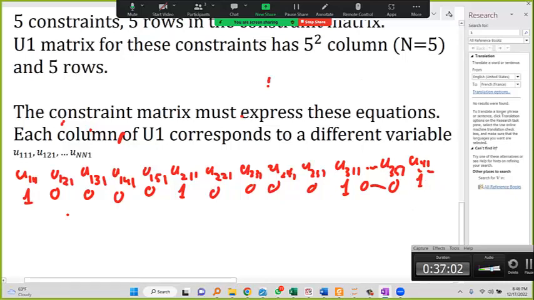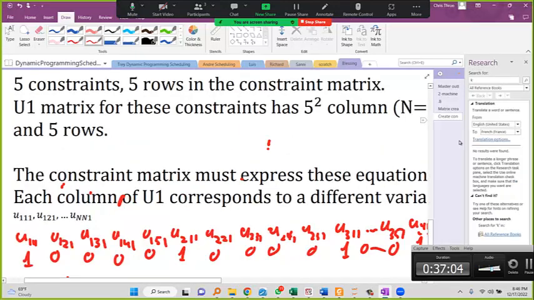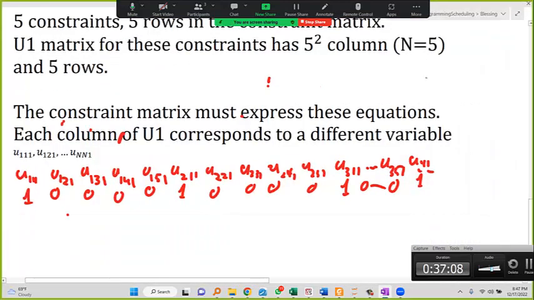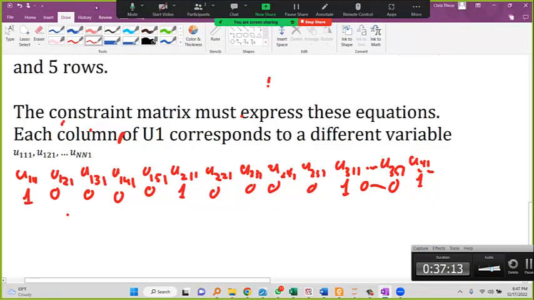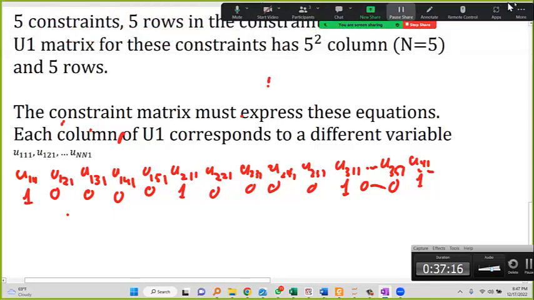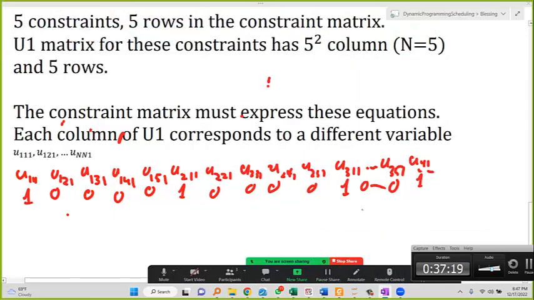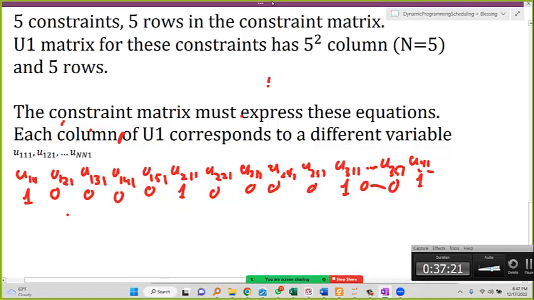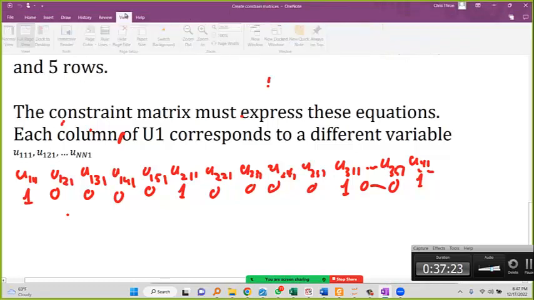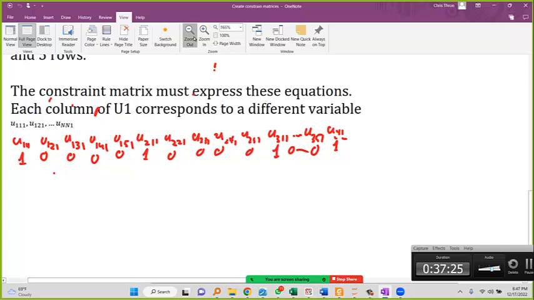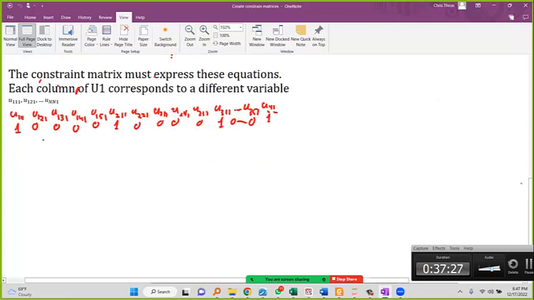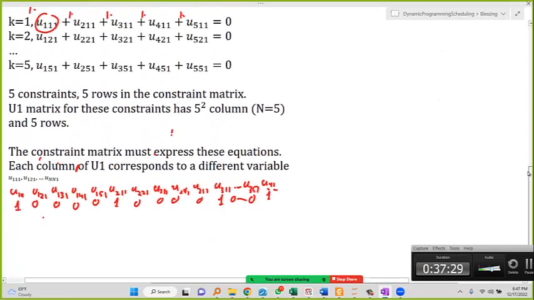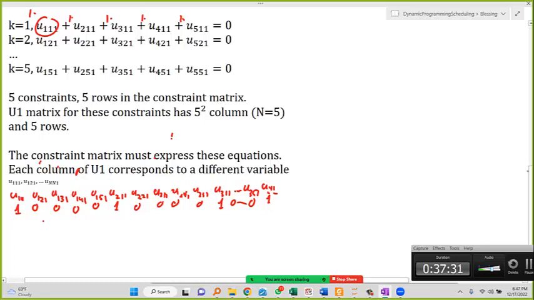The second row comes from the second constraint, which is up here. Which is 2. Okay. So what about the second row of the constraint matrix?